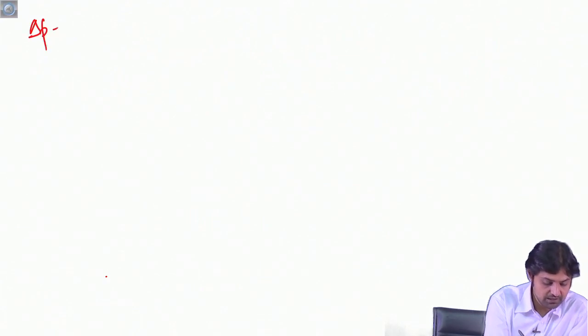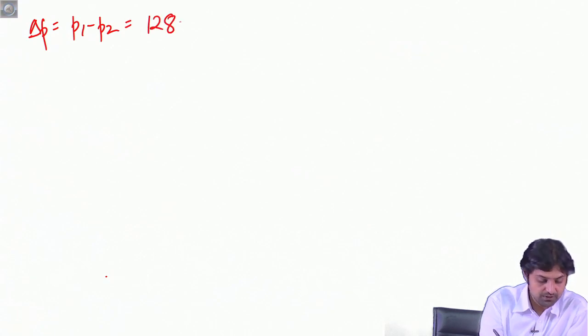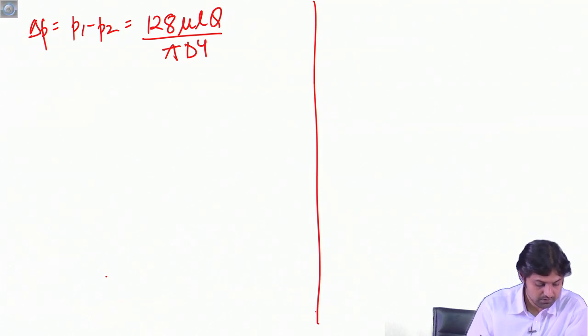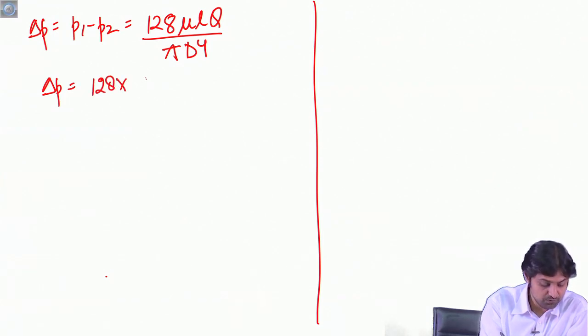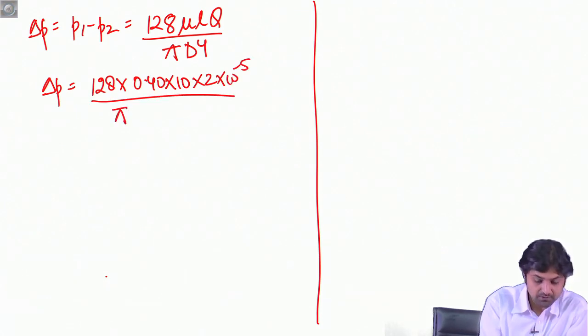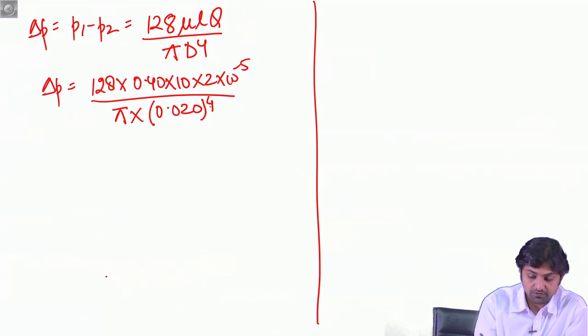I will rewrite the equation: delta P is equal to P1 minus P2 is equal to 128 mu L Q divided by pi d to the power 4. So delta P is going to be 128 into mu, 0.40, into 10 into 2 into 10 to the power minus 5 divided by pi into 10 to the power 4.